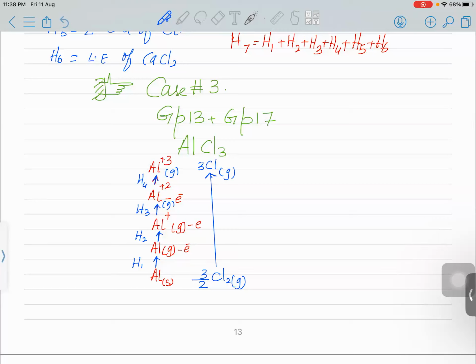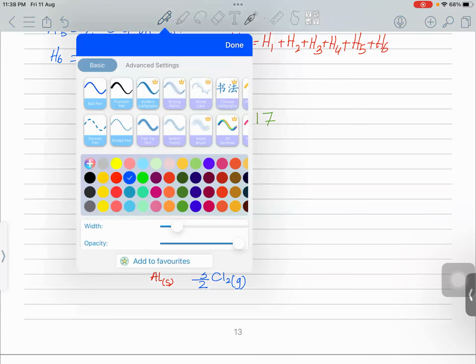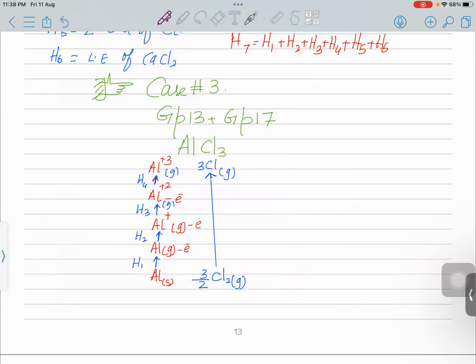Then it would be electron affinity, so it will have Cl minus. This is H5. How many electrons are gained? 3 electrons.